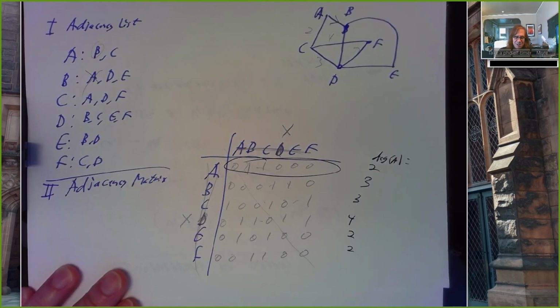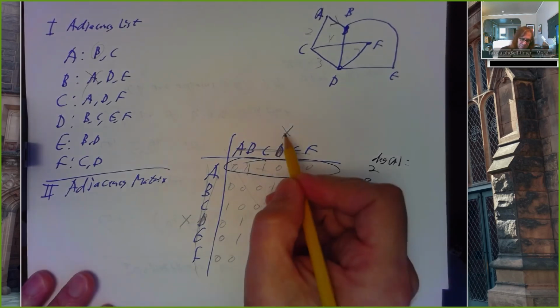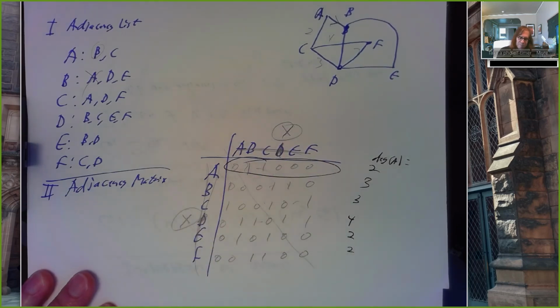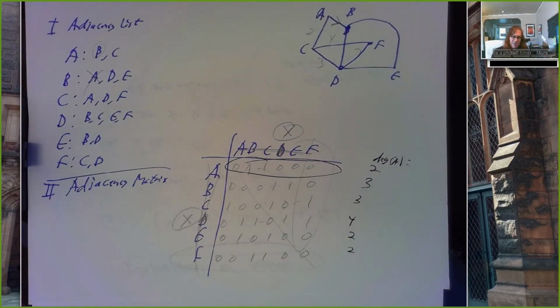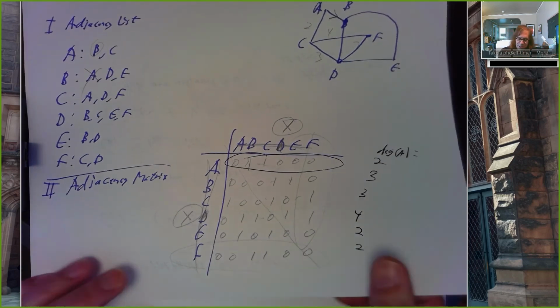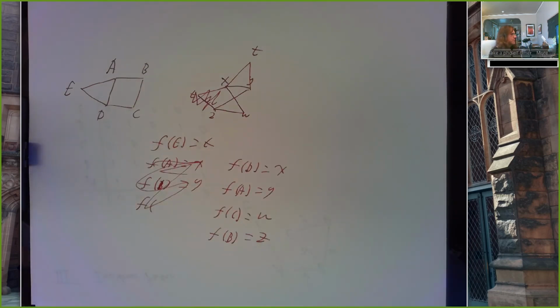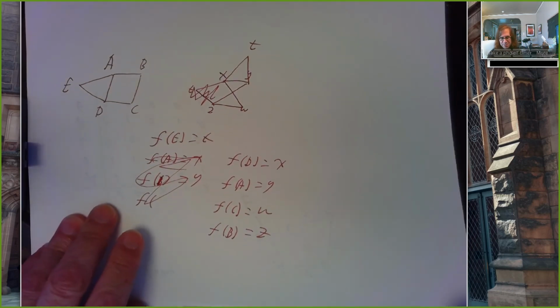Then my question is, is this matrix the same as some other matrix? If I'm calling this column X and in my other matrix I'm calling this column and row X, then the question is, can I rearrange the rows and columns of one matrix to make it look like another matrix? And so we can reduce this to a pure question about matrices.